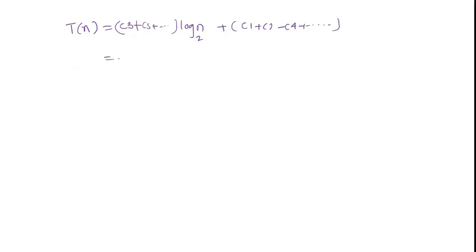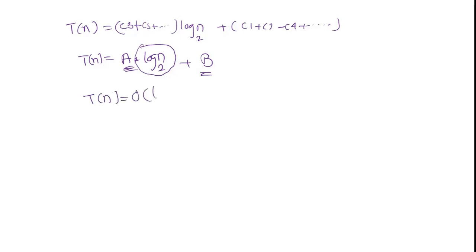So we are getting some constant, and a sum of constants will always be a constant: a into log n base 2 plus some constant b, where a and b are constants. While writing in asymptotic form, we ignore the constants and just write the term which includes the input variable n. So Tn can be written as order of log n base 2.